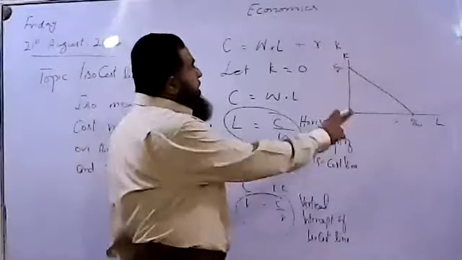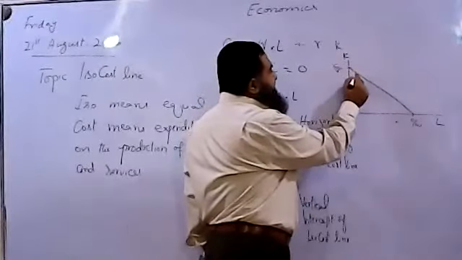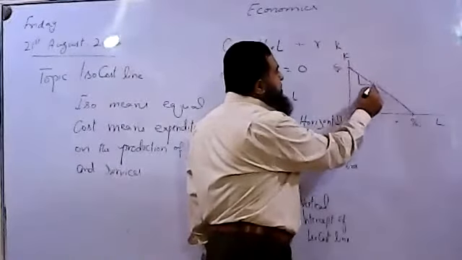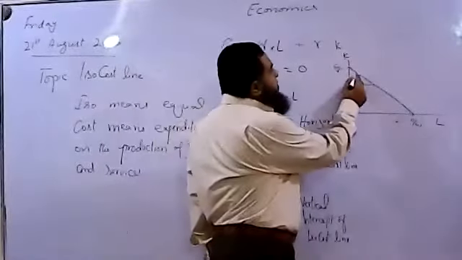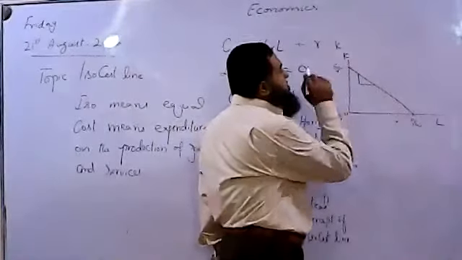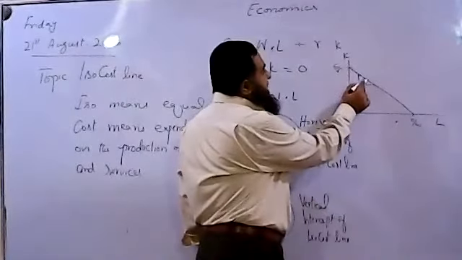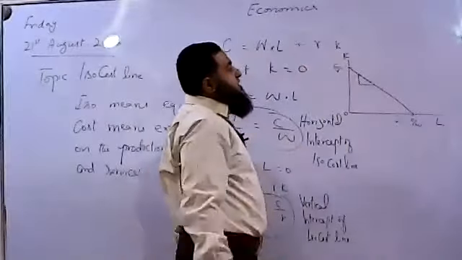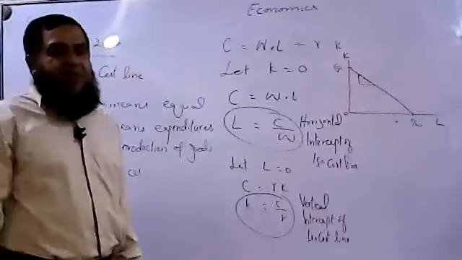If we are employing all capital, this will be the cost. And if we are decreasing capital to increase labor, what is happening? We will be moving from this point to this point. This is the movement. This we say the rate of change or the gradient or slope of this line. It is downward sloping.